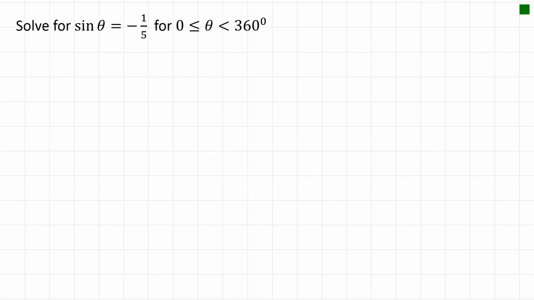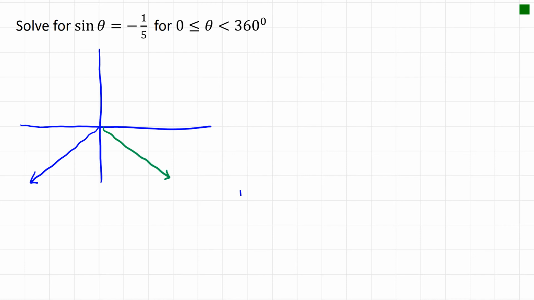So let's try this one more time. We're looking for where the sine is negative, and the sine is going to be negative in this quadrant and in this quadrant. Hopefully that part is coming easier for you. We are going to now use our calculator to take the inverse sine.